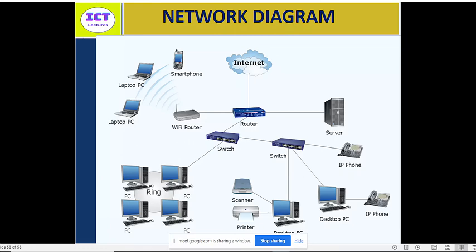Ideally, you can see one function of the router is to connect you to the internet. That's why it's pointing to the internet, and it's the only device that is pointing to the internet. Then we have the switch that is extending the networks, right? So ideally, that is why we need to have a network in place.